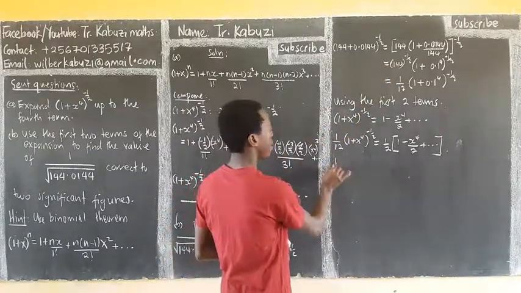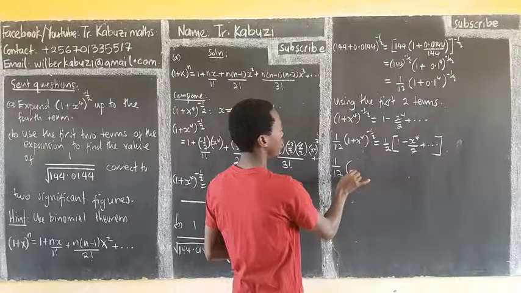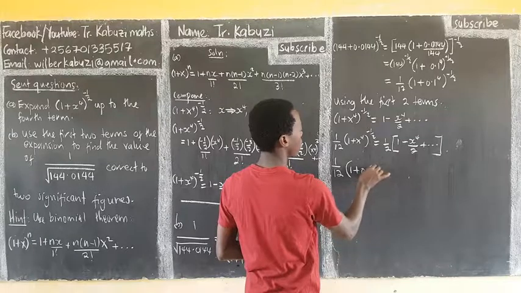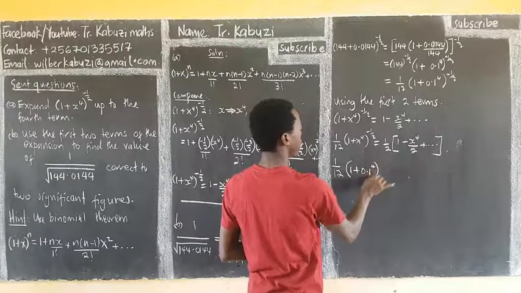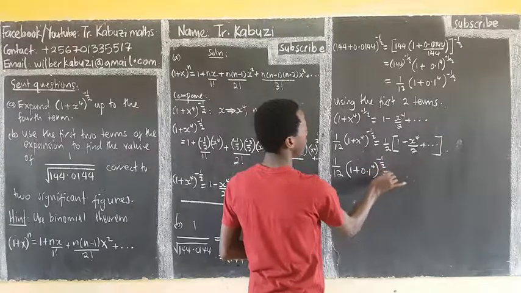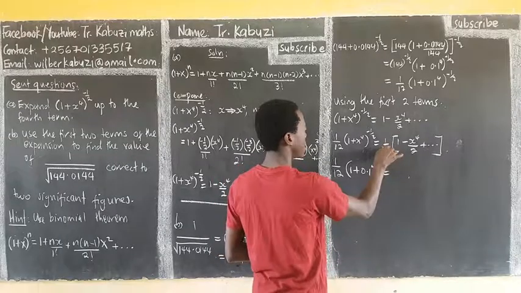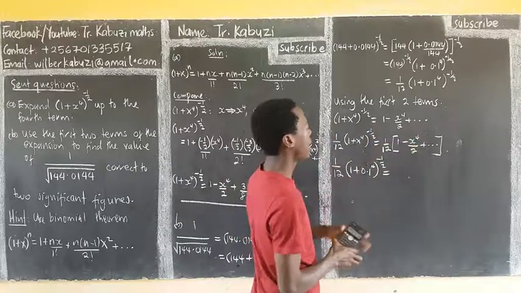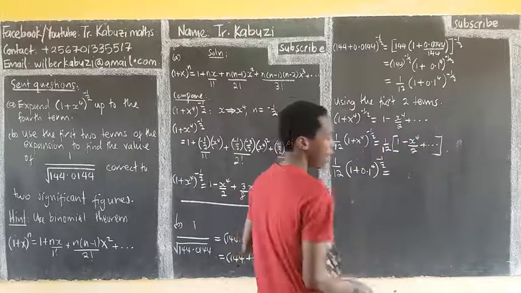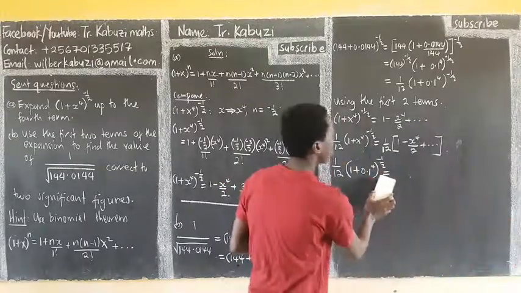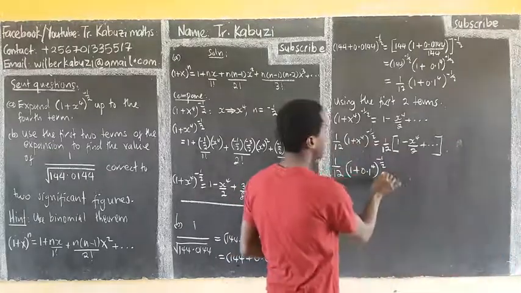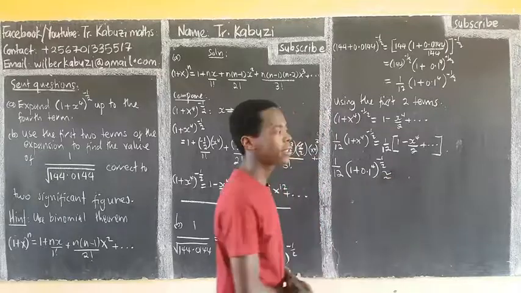So now if I have 1 over 12 into 1 plus 0.1 power 4, power negative a half, this will be the same as, sorry, remember 12 both sides, 12 this side and 12 this side. Because we are just using these terms, the value I'm getting is going to be an approximate.